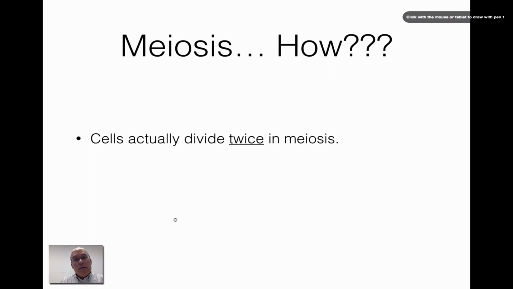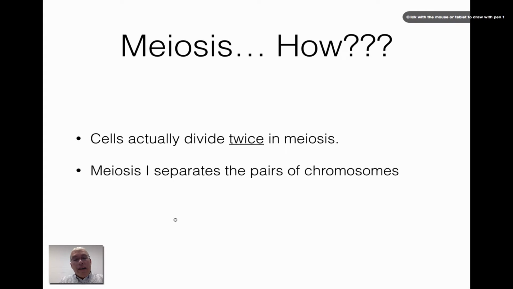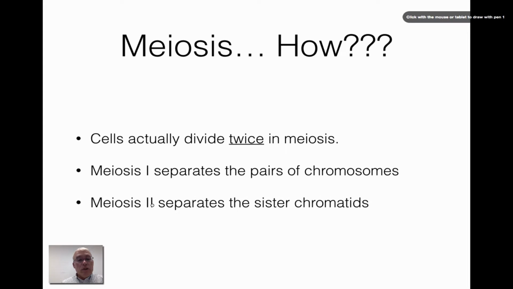And remember, meiosis makes gametes. So you could produce 4 egg cells or 4 sperm cells. Now, meiosis 1 is the first division, and the most important thing that happens in meiosis 1 is that the pairs of chromosomes are pulled away from each other during anaphase. In meiosis 2, the most important thing that happens is that the chromatids are separated from each other during anaphase 2.